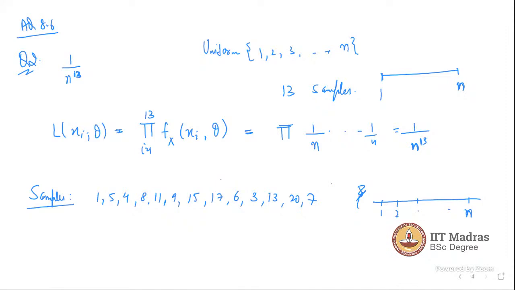So if X is uniform between A to B, then its distribution function is given by 1 upon B minus A. So again, you have n samples here, correct? Now if you find the likelihood function, you will get 1 upon B minus A to the power n, correct?